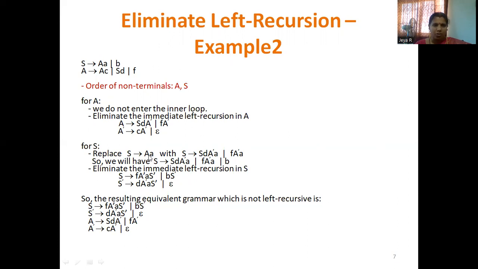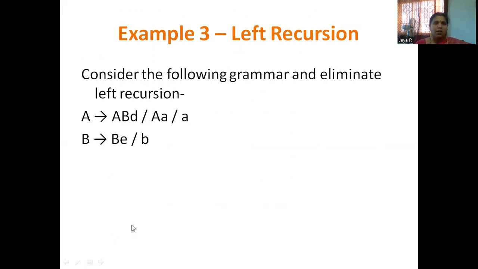We have S D A dash or A. So when I'm replacing S with S D A dash A, we will get an indirect left recursion. So after eliminating the indirect left recursion, we will get the production rules like this.